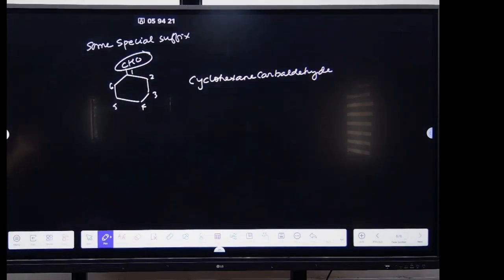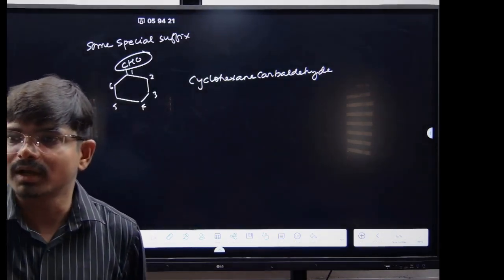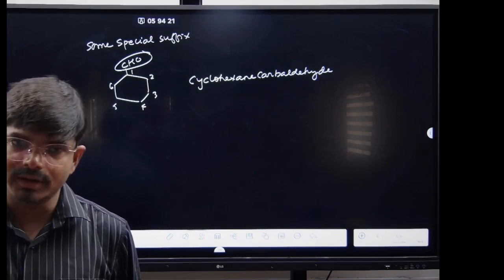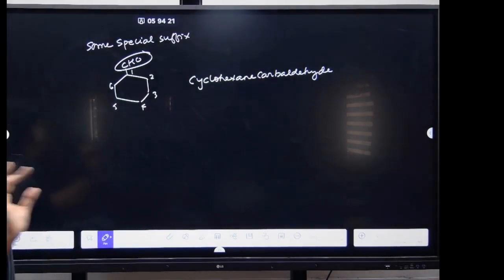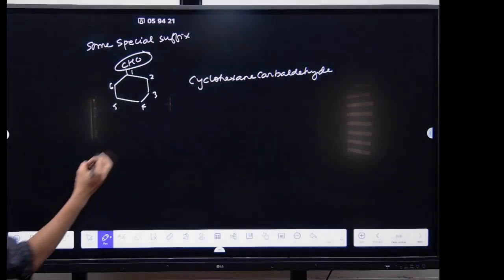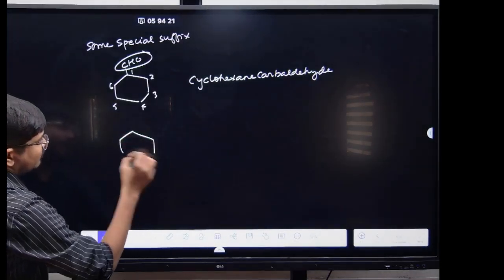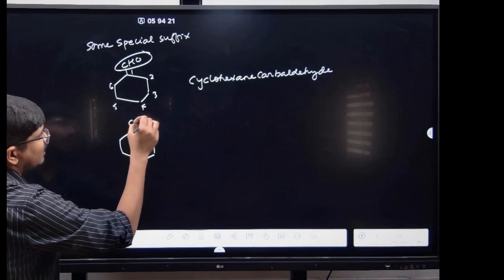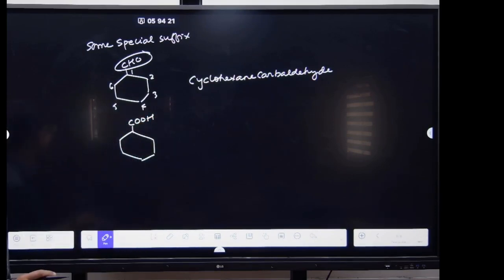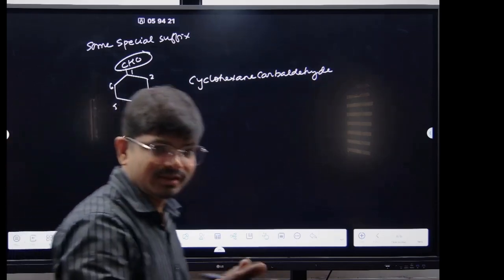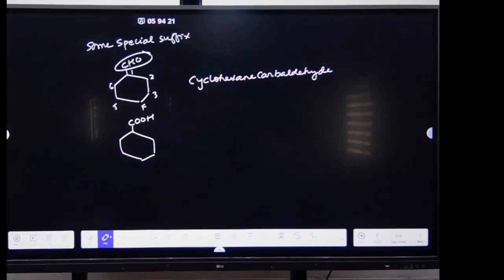If it had been included in the principal chain, the suffix would be al, like propanal, butanal. But in these cases it will be carbaldehyde. For example, see here, if you have this one, again this will be the carboxylic acid. You know that carboxylic acid ends with oic acid, right?